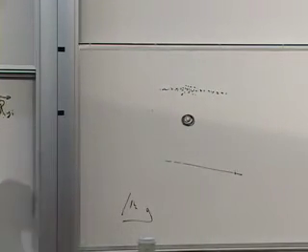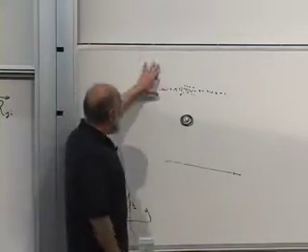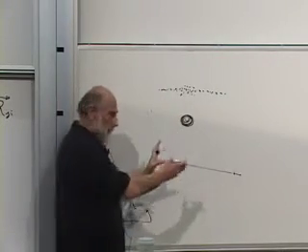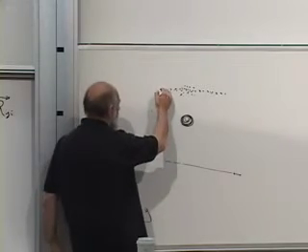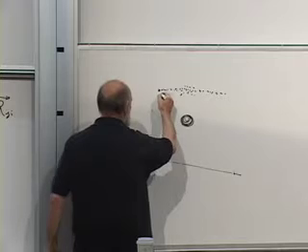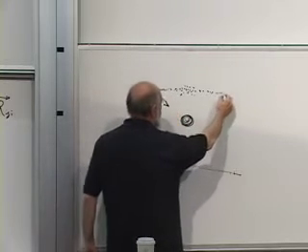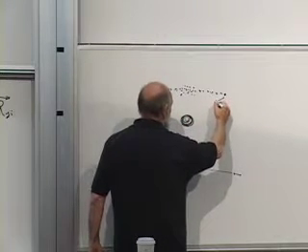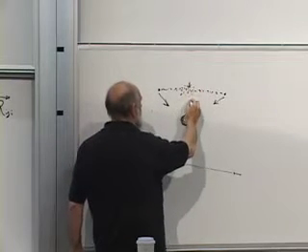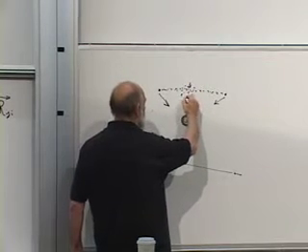Now, not only does the force depend on the distance, but it also depends on the direction. The force on my left end is this way. The force on my right end is this way. The force on the top of my head is down, but it's weaker than the force on my feet.